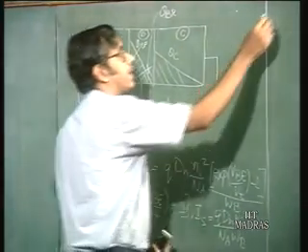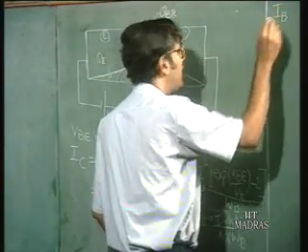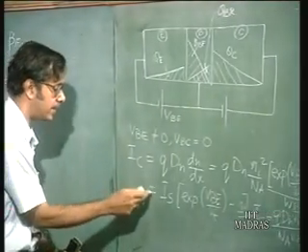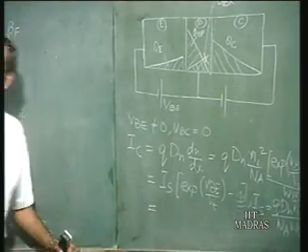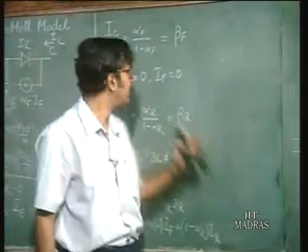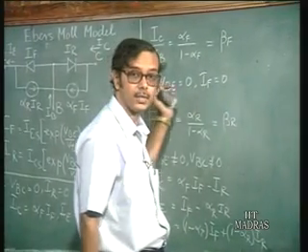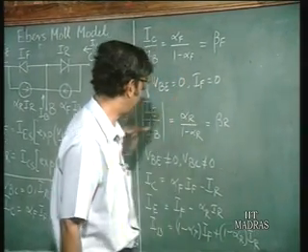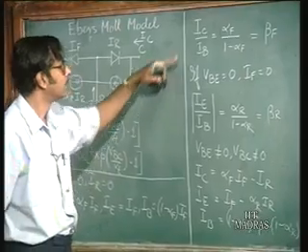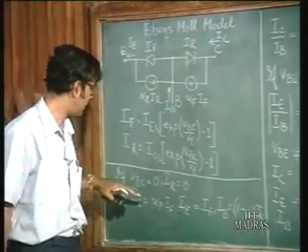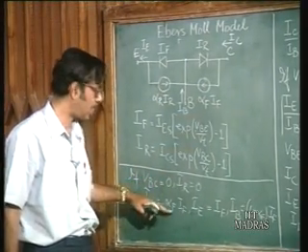Now, what is the base current? Just I will write here. What is this equal to? In this model, what is the collector current equal to when VBC is equal to 0? This is equal to alpha f IF.